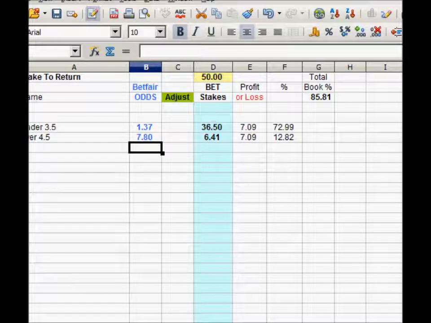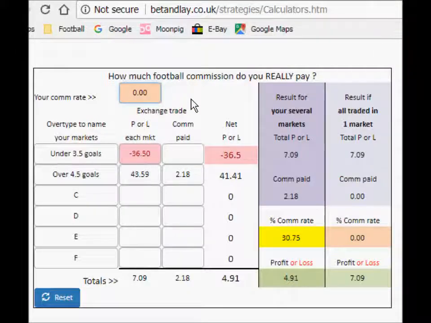So we'll just go back to the commission sheet, and you can see the difference in the profit now. We've got 6.74 if we were able to do that all in one market, and only 4.91 if we just did it across those 2 markets. So you can see this massive commission rate is making quite a big difference.